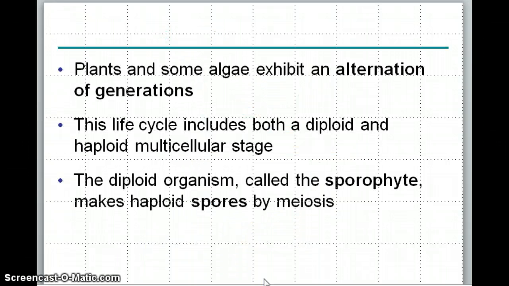This is talking about how plants and some algae exhibit an alternation of generations. This life cycle includes both a diploid and a haploid multicellular stage. The diploid organism, called the sporophyte, makes haploid spores by meiosis. Okay?